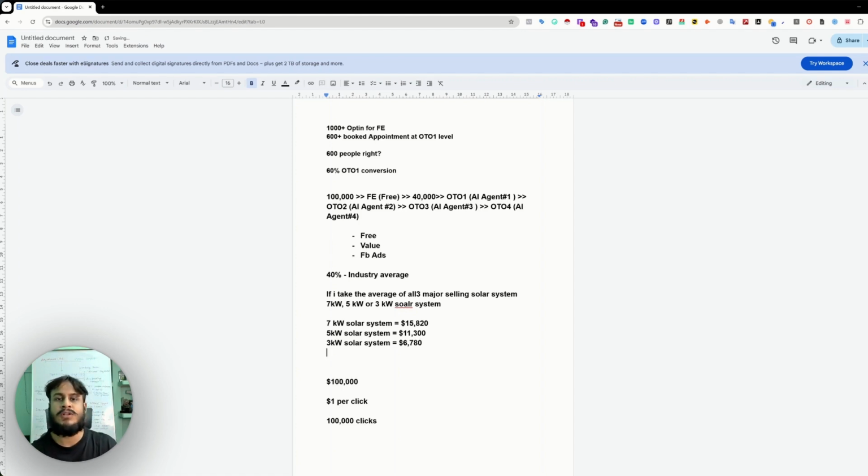The average of all three solar systems costs $11,300. So basically 11,000. So now 40,000 people are going for the OTO1 offer.